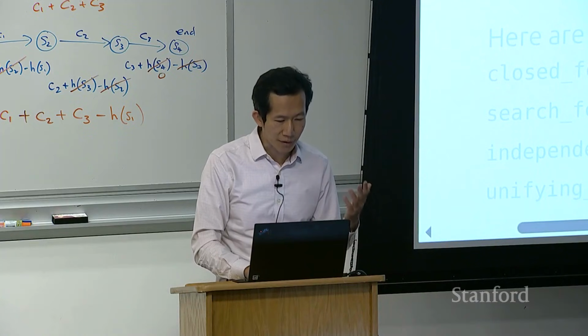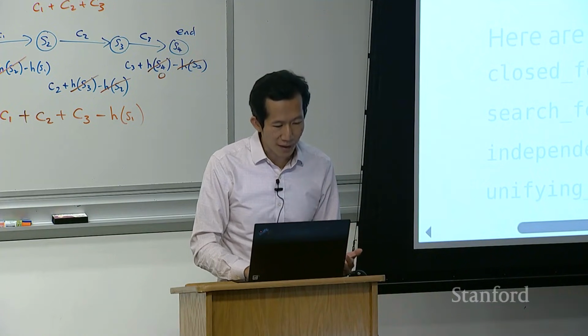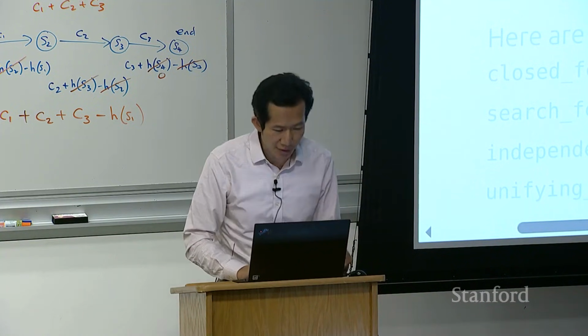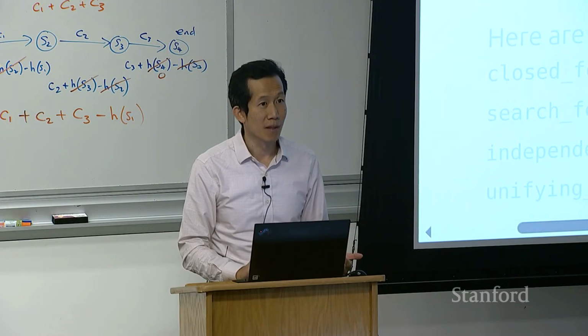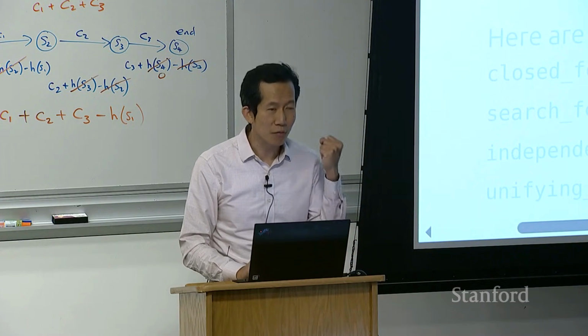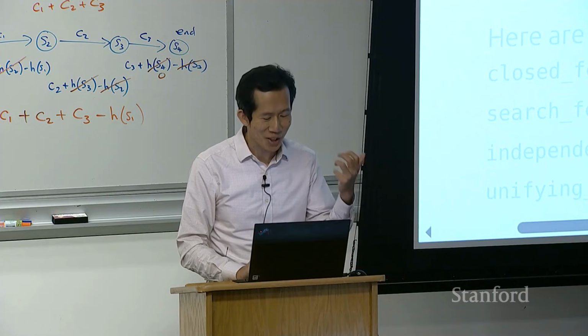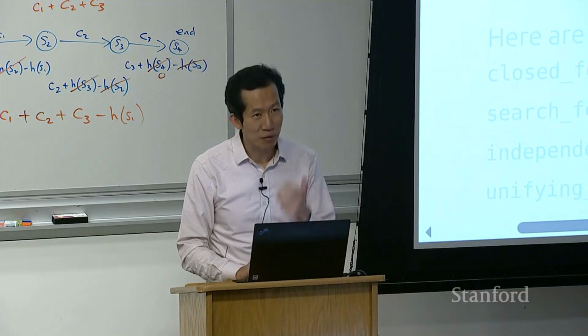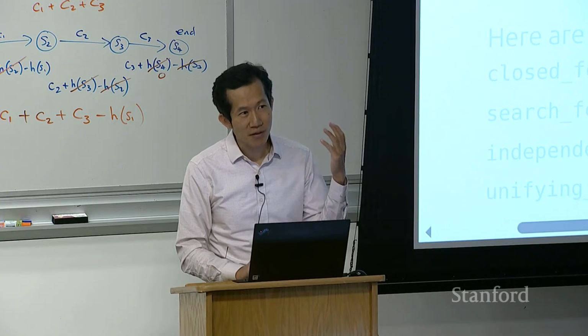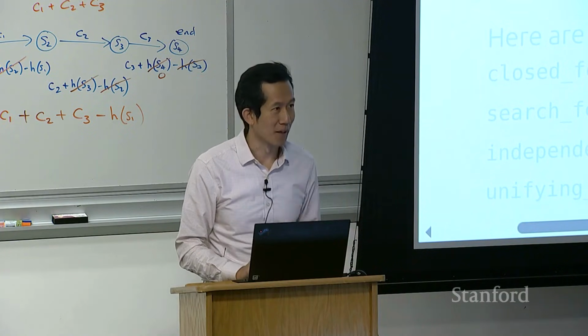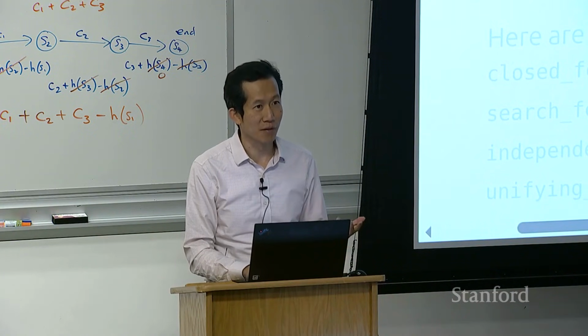And then you're just going to run A star using a heuristic, which is the future cost under that relaxed problem. So remember, h really wants to be future cost, but you can't compute it. So what you're going to do is compute the future cost of something else, which is hopefully easier to compute.